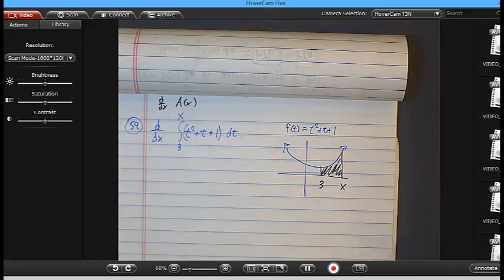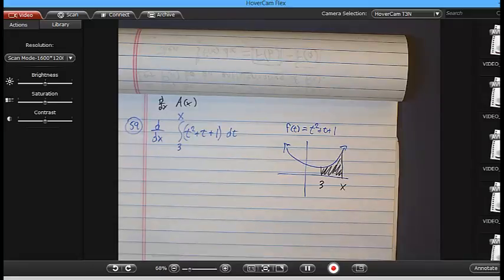By the way, in this example, I claim that the derivative of this area function should always be positive. Why? Mike, you nodded your head. Why would you agree with that? Well, because if your interval's from 3 to x, you already hit your lowest point on the curve, so there's no way you're not going to be increasing.